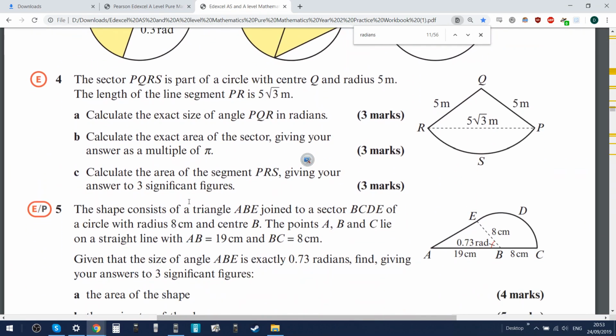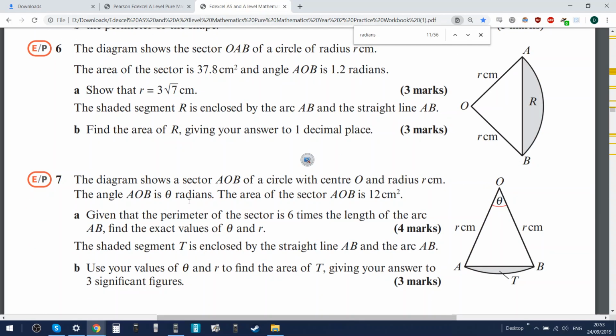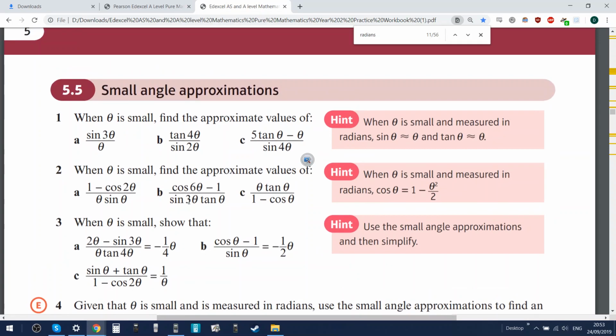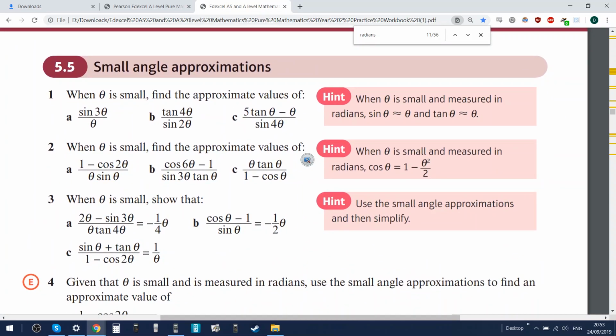I'd love to get one more in. So this is the exact size of that angle. We're good. Could we do maybe a small angle approximation? Yeah. Solving trig, so small angle approximation. Okay. So let's take a look.